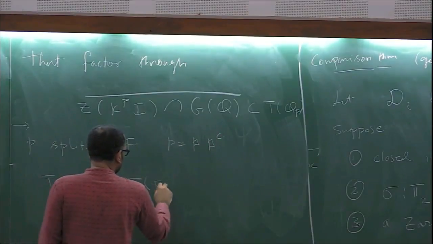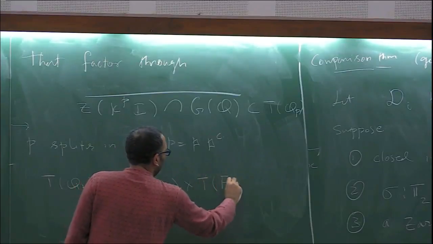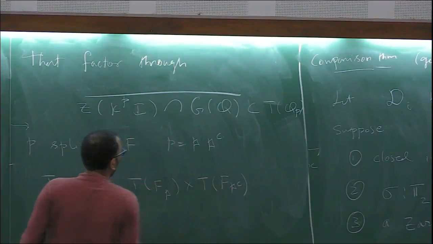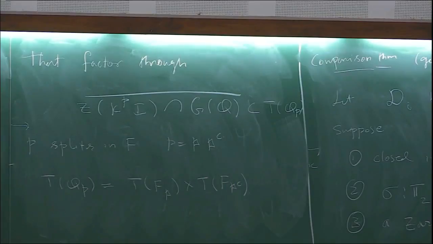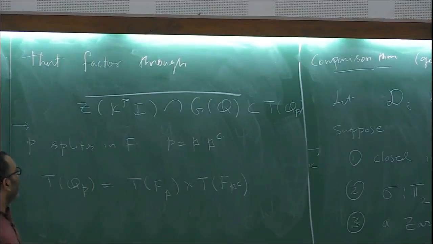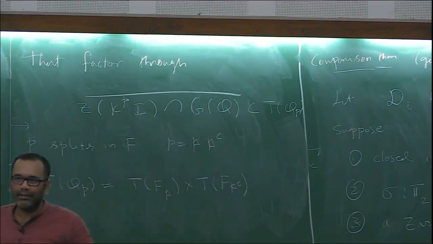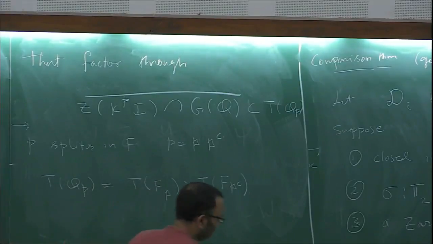Then I can identify T(Q_p) with T(F_p) cross T(F_p-conjugate). This is a four-dimensional space: each of them has two variables, so I have four variables, and I'm modding out by something that is one-dimensional. So eventually this is going to be a three-dimensional analytic space. Okay.